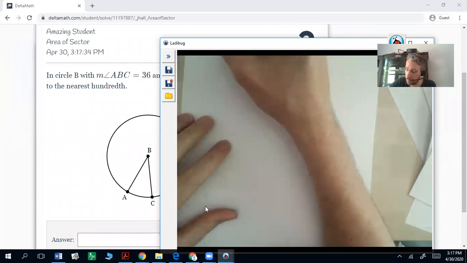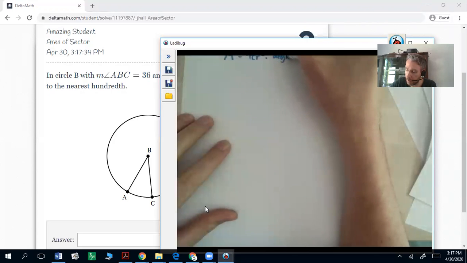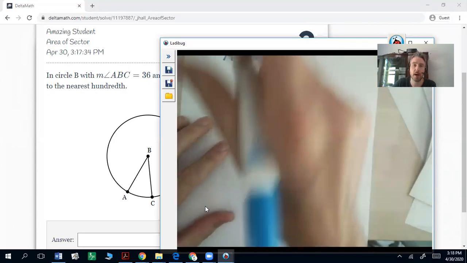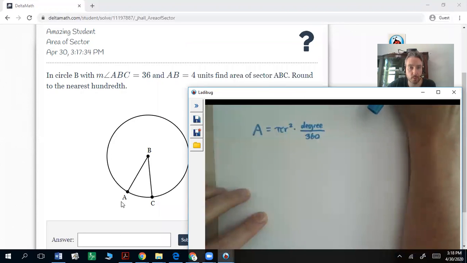The area of a sector is equal to the area of a circle, which is pi r squared, times the degree measure of the central angle divided by 360 degrees. Pi r squared times degree over 360. So if I'm given in this problem angle ABC, that's the central angle, that's the degree, 36 degrees.